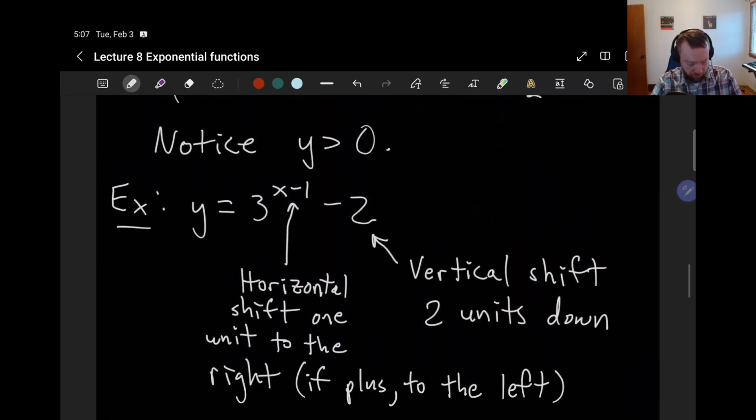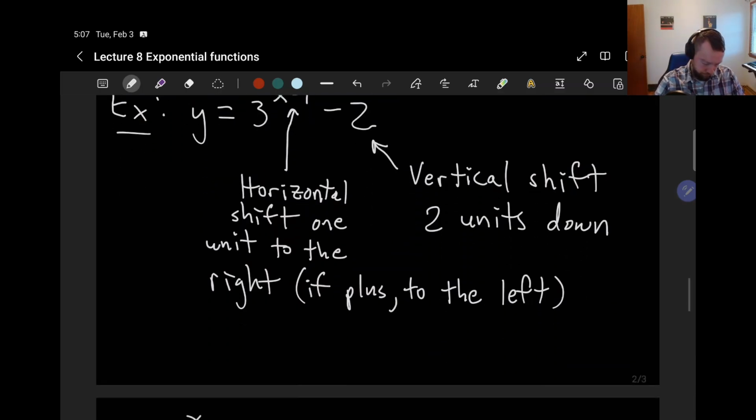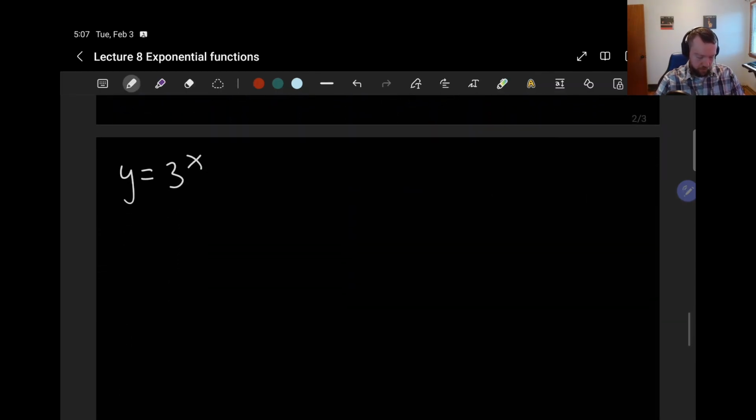Right, that's what you have before you start throwing in all these vertical and horizontal shifts. So the basic graph of 3 to the x, 3, 2, 1.